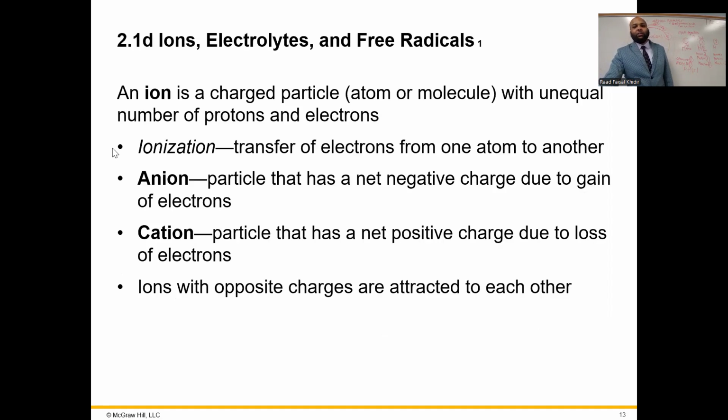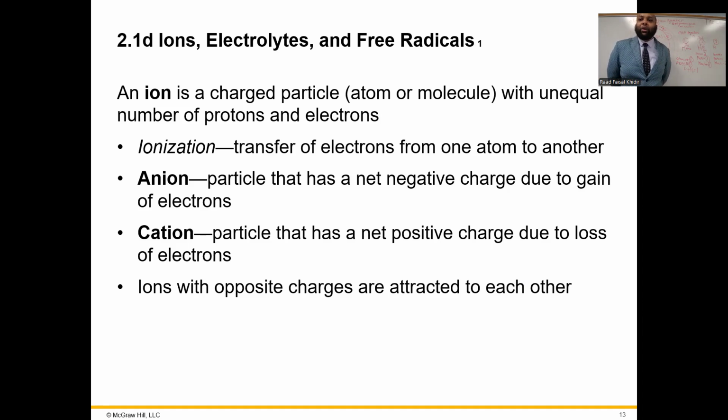Okay, ions. An ion is a charged particle, an atom or a molecule with an unequal number of protons and electrons. Ionization is the transfer of electrons from one atom to another. That is ionization.